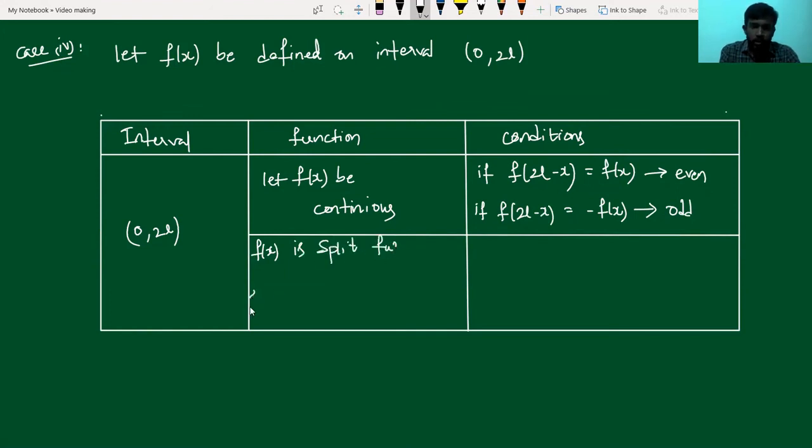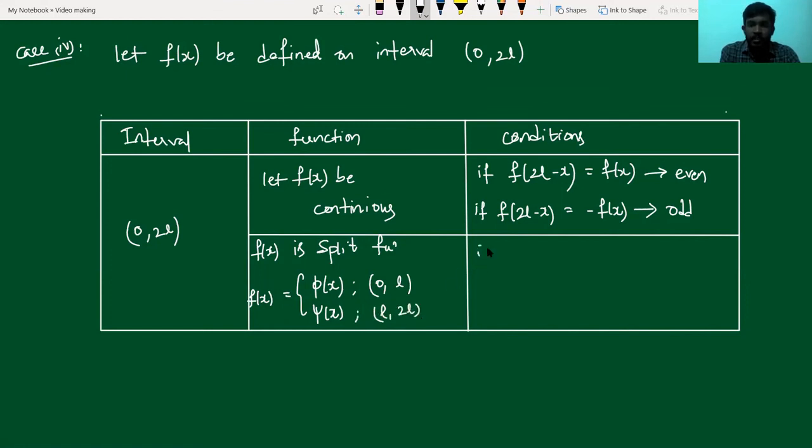then f of x will be given in the form of phi of x and psi of x. That is, the function f takes the value phi in the interval 0 to L, and the function f takes the value psi in the interval L to 2L.